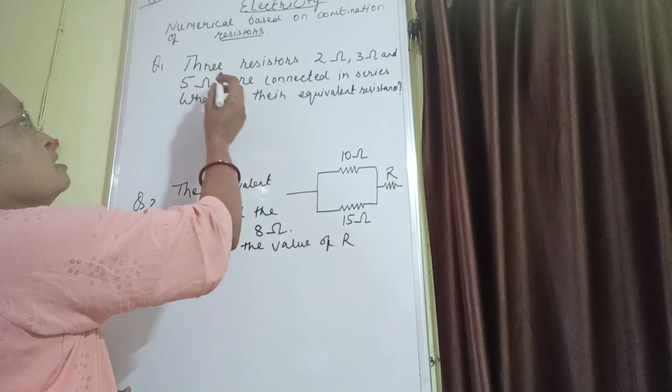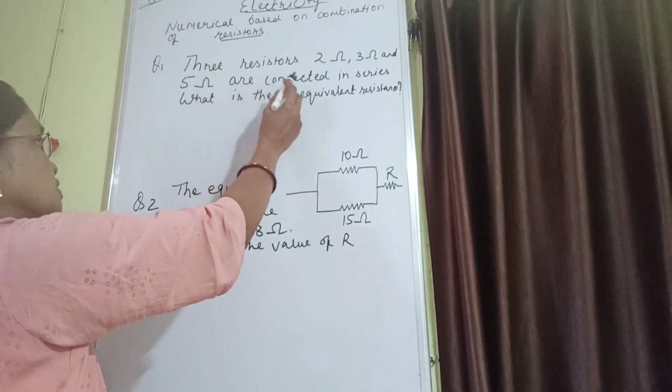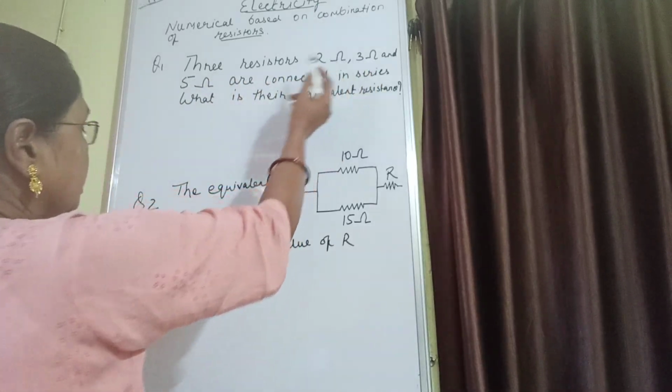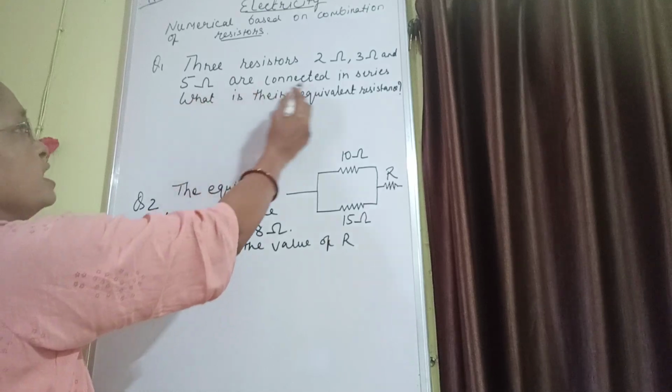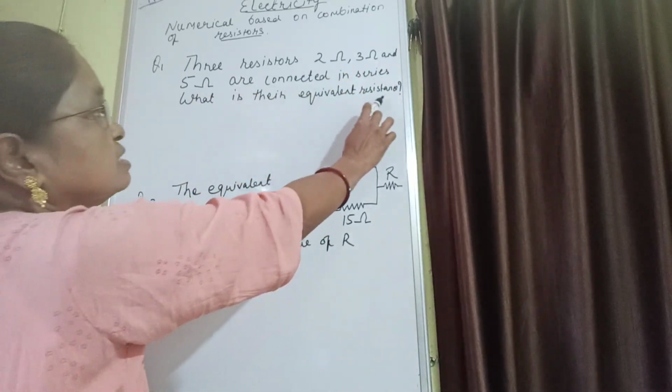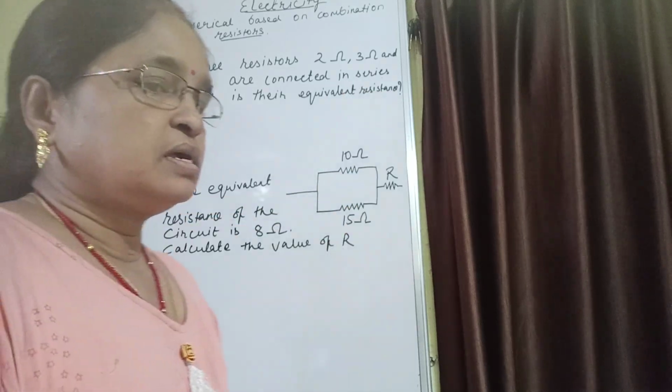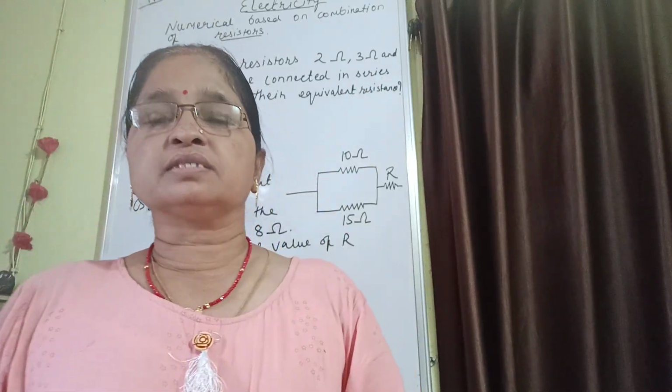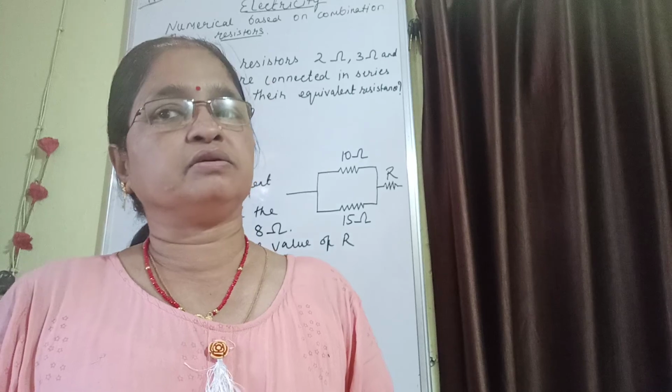First question is, three resistors 2 ohm, 3 ohm and 5 ohm are connected in series. What is their equivalent resistance? Question is saying that three resistors are given.